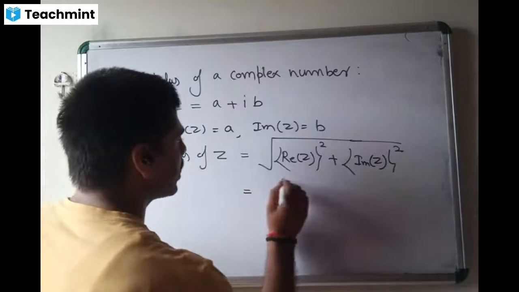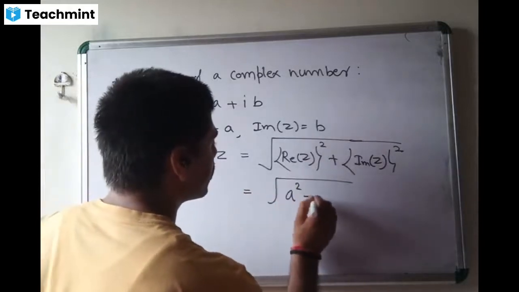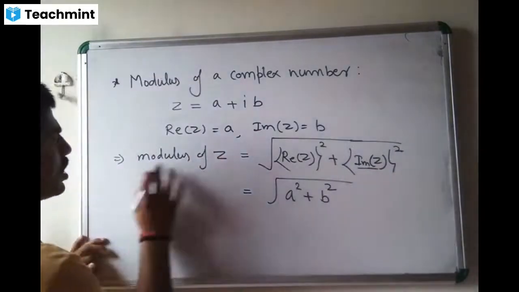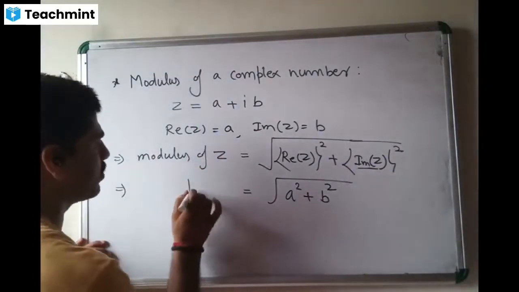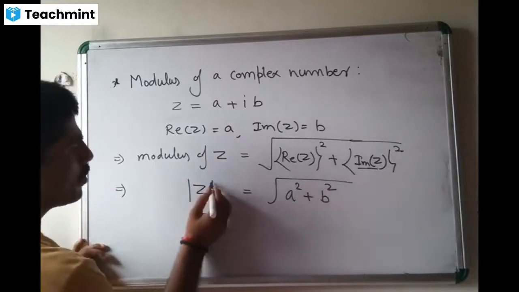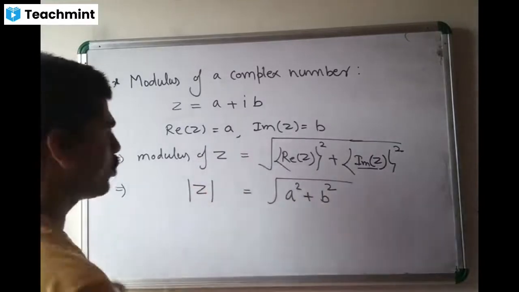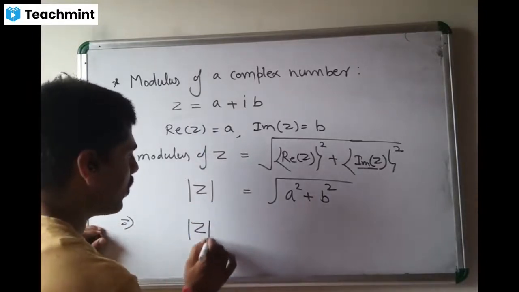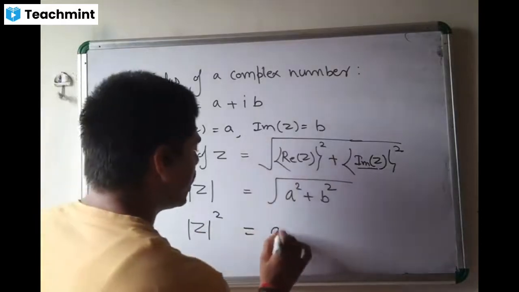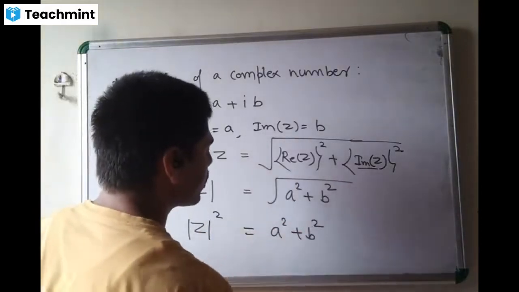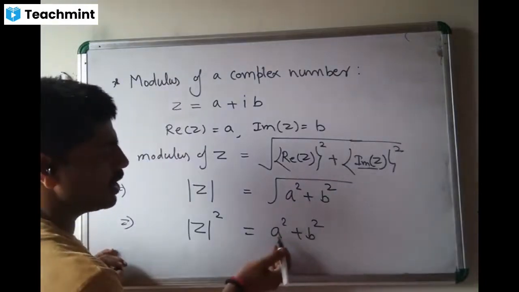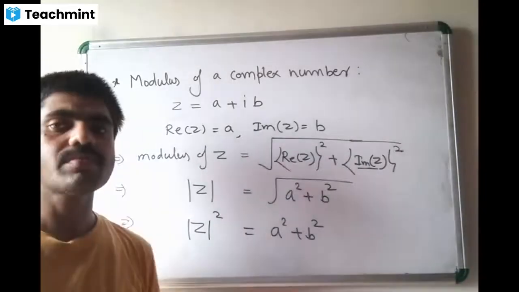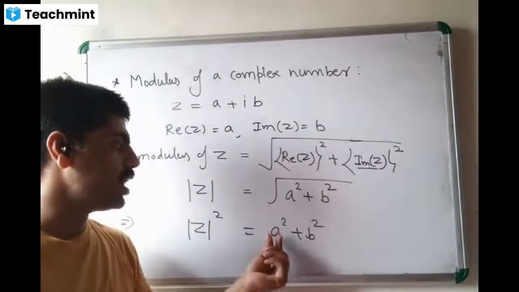Means real part is a, so a square plus b square, because the imaginary part is b, and modulus of z you can denote by this symbol. This is called the modulus of the complex number. And to find its square, beta, the square of the modulus of a complex number is equal to a square plus b square, means square of the real part plus square of the imaginary part. Yes or no?